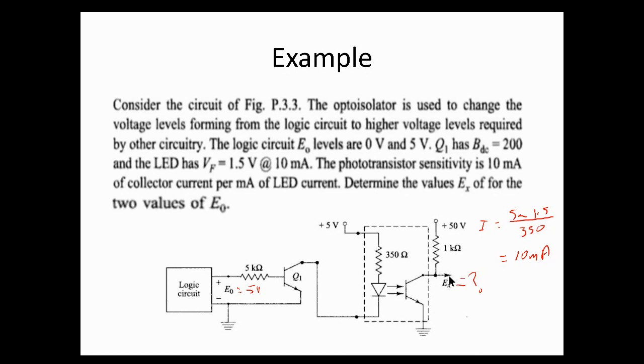If this is 50 volts, right? So if this point and this point are both 50 volts, there's no potential difference. Therefore, no current is going to be flowing through this transistor when this is off. Is that making sense? Yes, sir. Right.